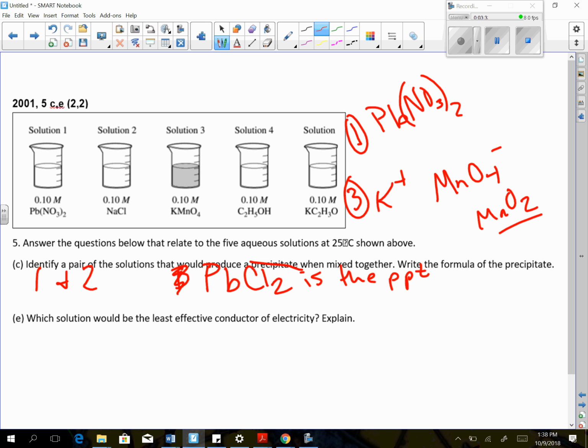So you have to give the precipitate. This is 1 point for picking the 2 solutions that produce a precipitate, so either 1 and 2 or 1 and 3.